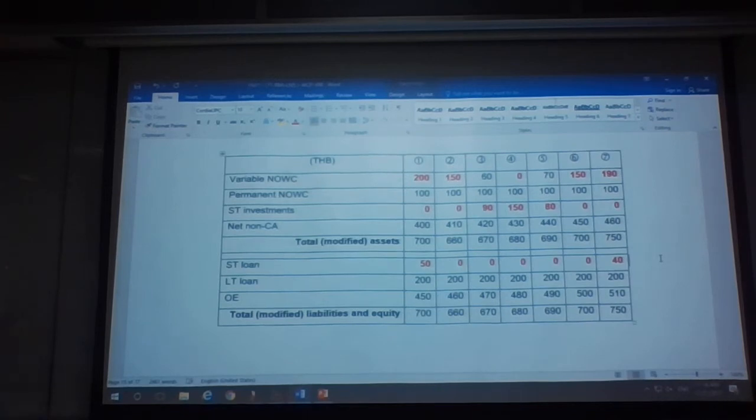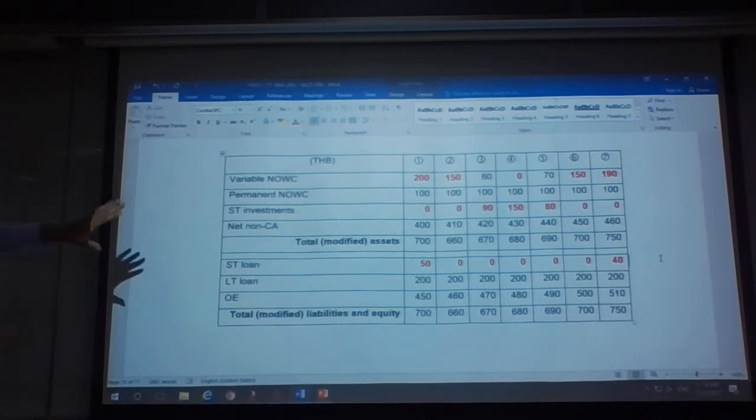So now you can see that this numerical example illustrates the principle number 4 of the conservative financing policy, and then it explains how financing is used in order to finance the firm's operating assets.